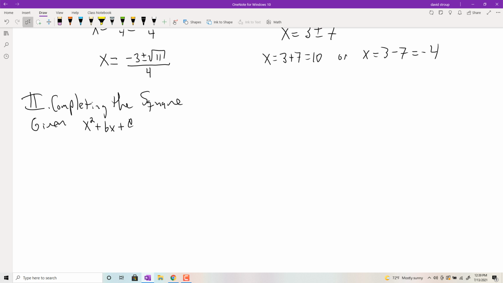We can add in this term, and the result is a perfect square trinomial. So given this thing, we can add in b all over 2 squared and form a perfect square trinomial.